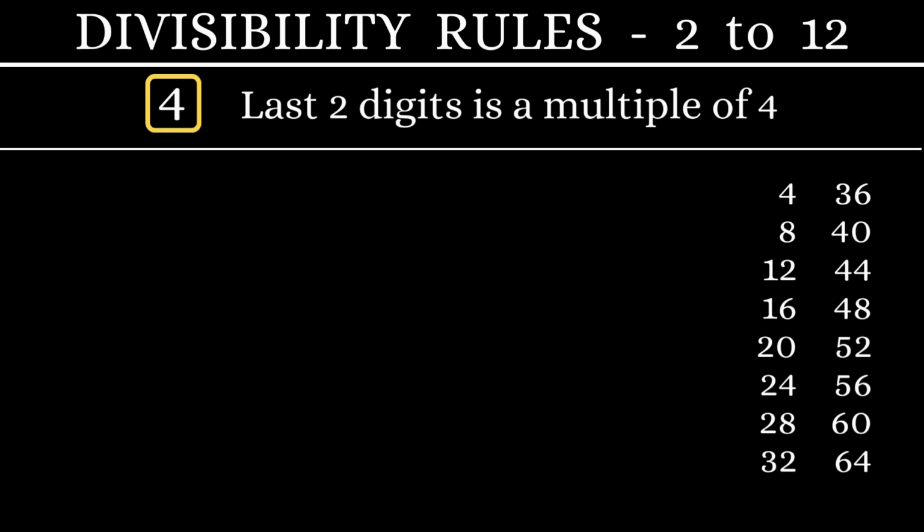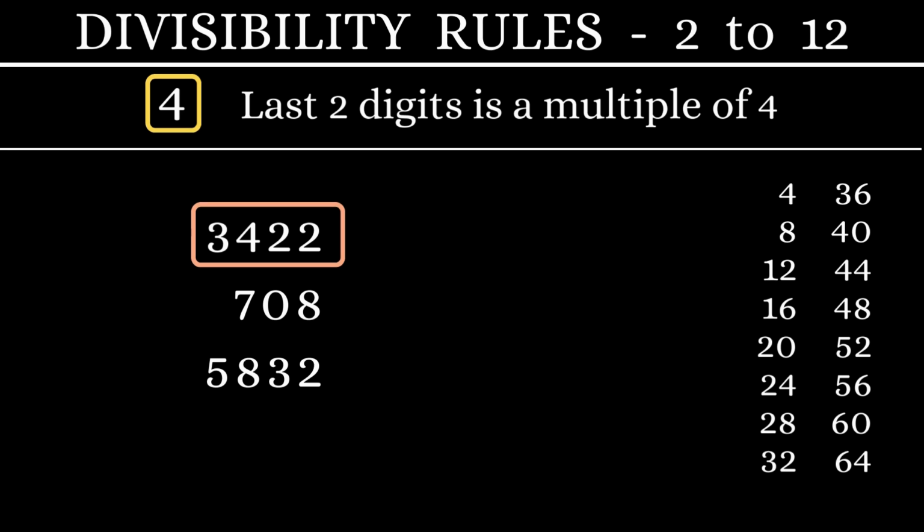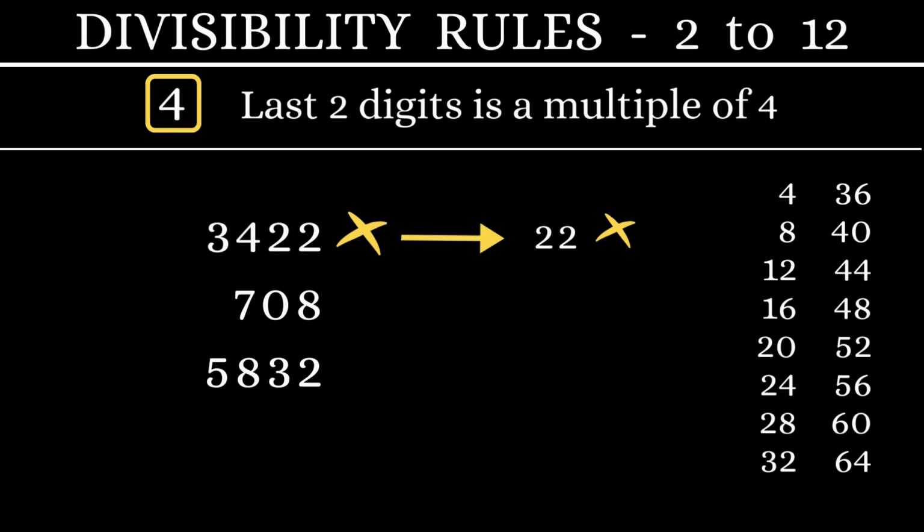Using this, let us identify which of these numbers are divisible by 4. In the first example, considering the last 2 digits, 22 is not a multiple of 4. Hence, the number 3422 cannot be divisible by 4.